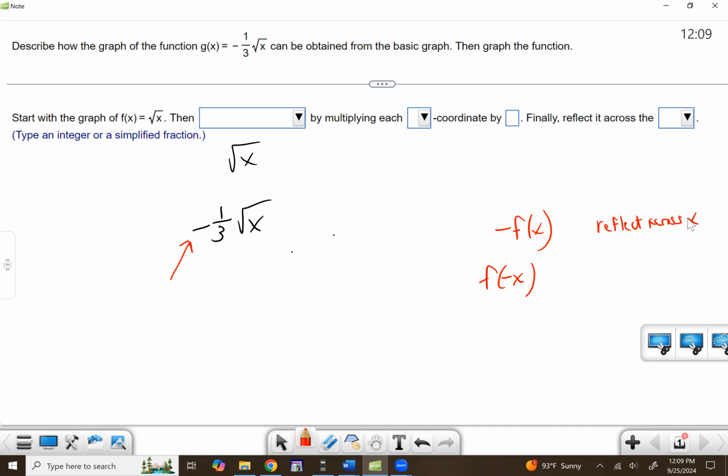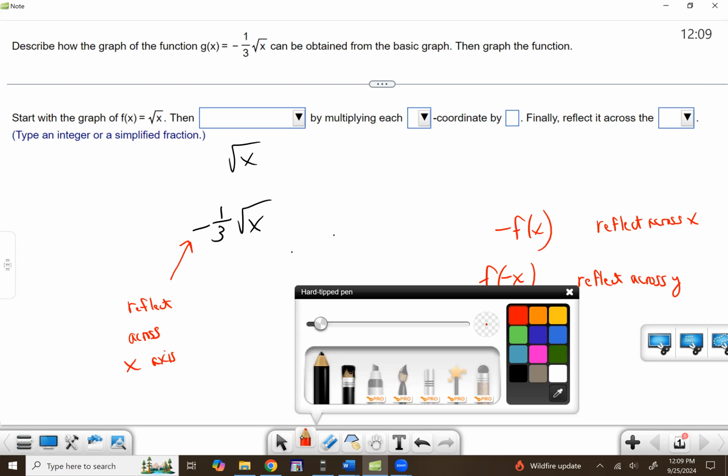If the negative is inside the function, then we're going to reflect across y. Okay, so this is going to reflect it over the x-axis. Or reflect about across, so many different ways we could say that.